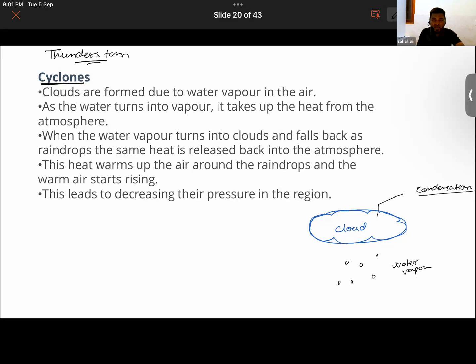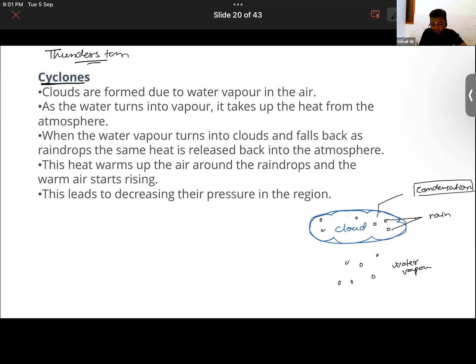The condensation has happened. Then what happens during the process of condensation? Earlier the temperature was lower, that's why the condensation has taken place. Now what is happening? The water vapors present in the cloud are converting to what?